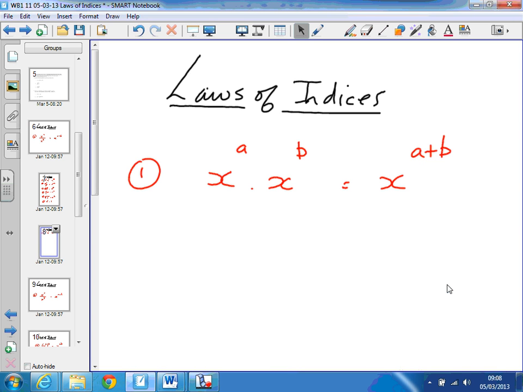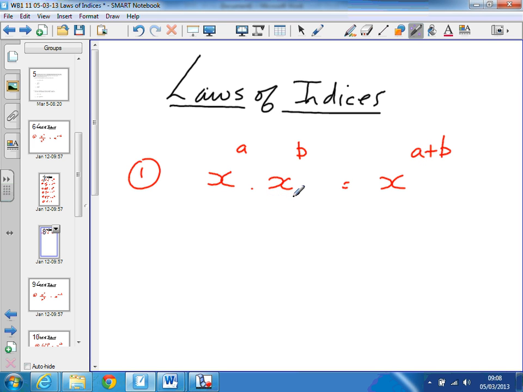This first law of indices, x to the a multiplied by x to the b equals x to the power a plus b. These laws of indices only work if the base, and this is called the base, is the same in each number. So x is a number, we don't know what it is, but it's the same number in both cases.